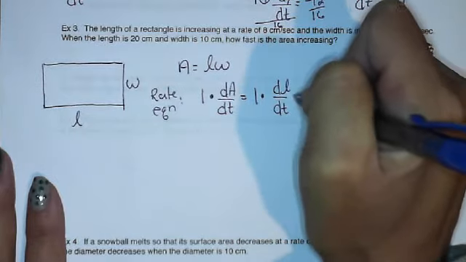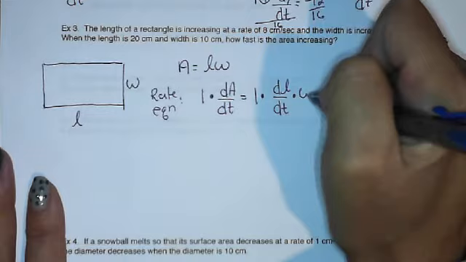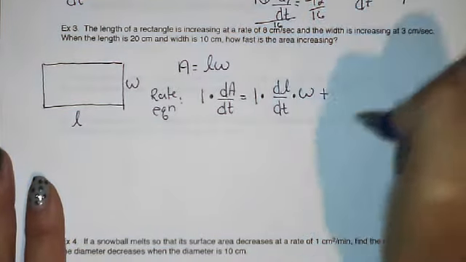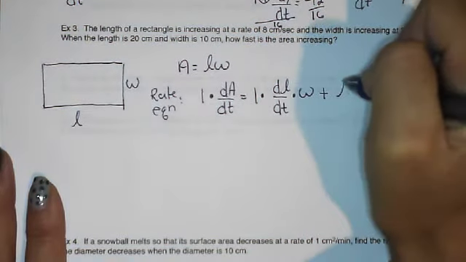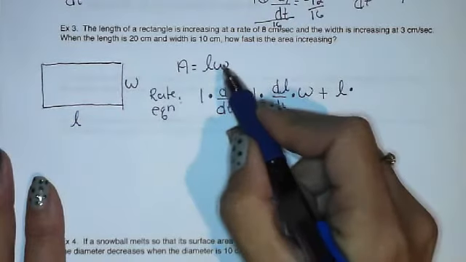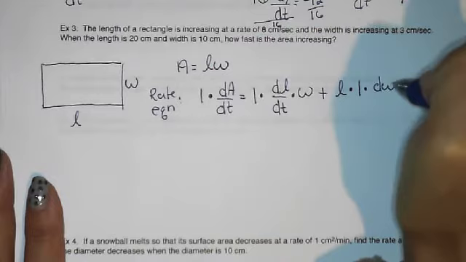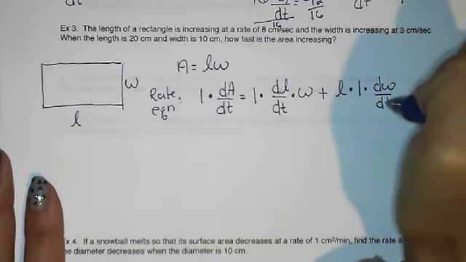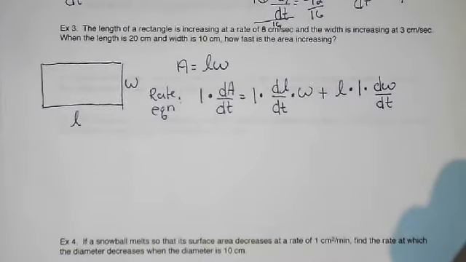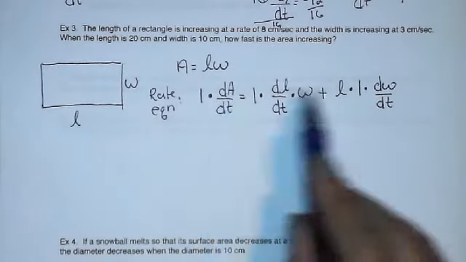So it's the derivative of the first term, which is 1, times its rate, dL/dt, times the second term, which happens to be W, plus, keep the first term, times the derivative of the second term, derivative of W is 1, times its rate.